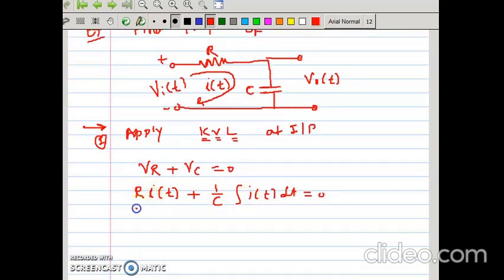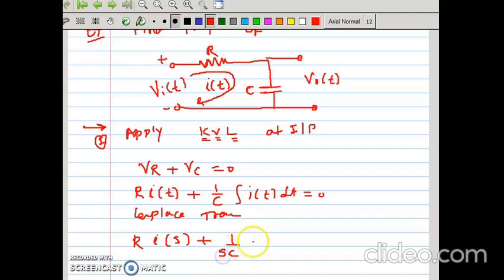Again, taking Laplace transform, R as it is, I of S, right? Because Laplace transform converts t into S, plus 1 upon C. Again for integration we want Laplace of integration. What is the Laplace of integration?